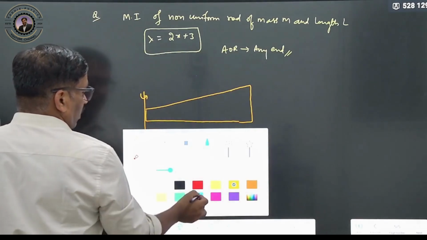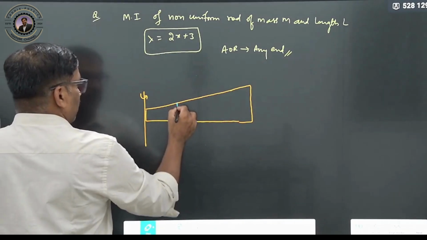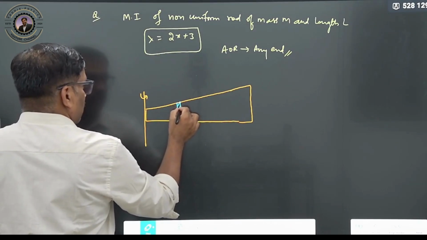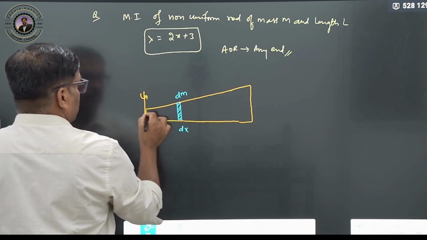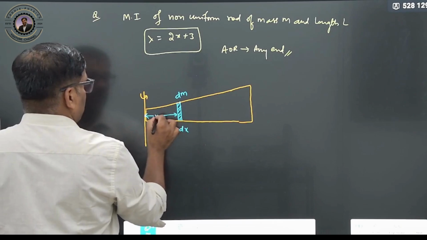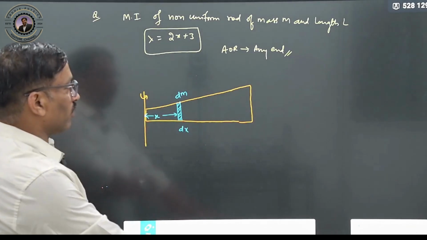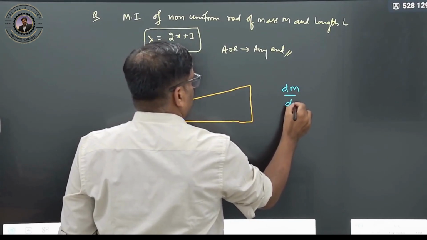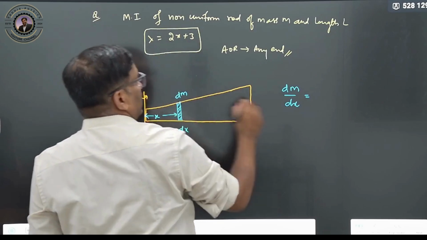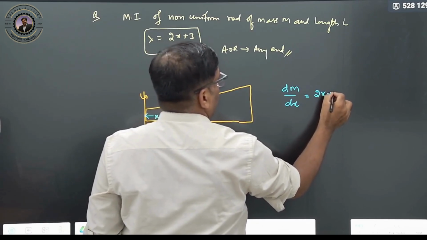We want to calculate the moment of inertia like this. What do we do? We select one small part of the rod, a small dm of length dx, at a distance x. We know that dm by dx is the linear mass density, which is 2x + 3.